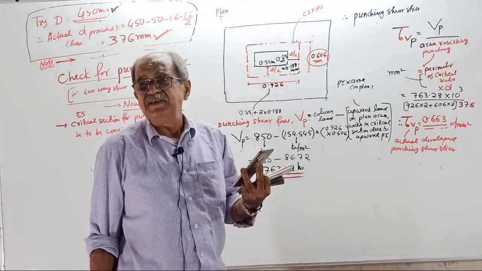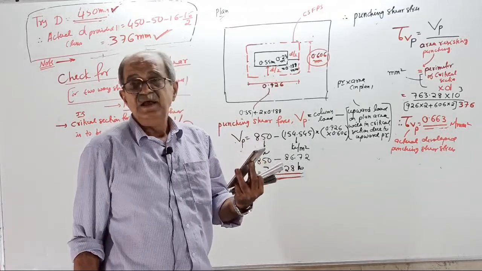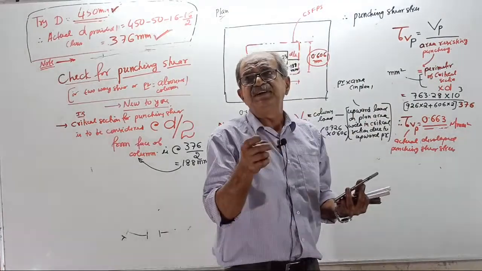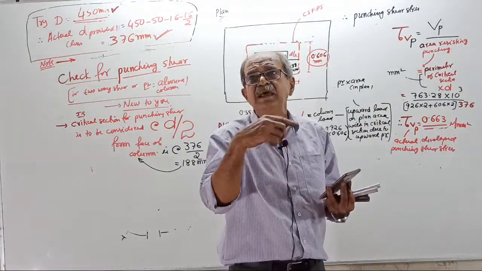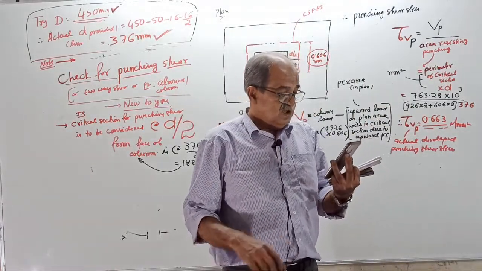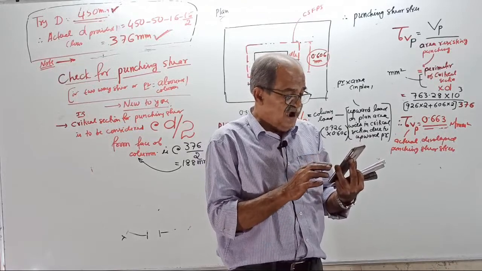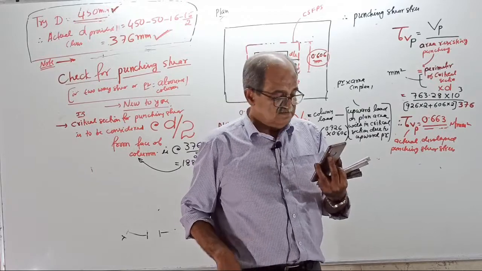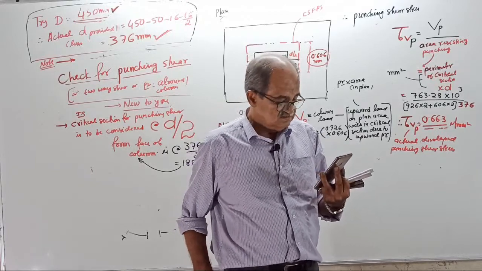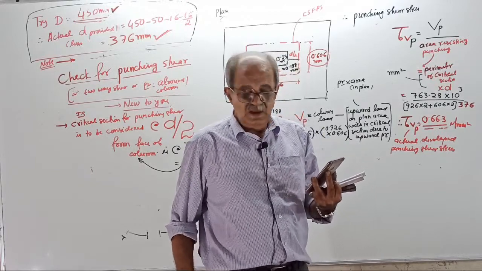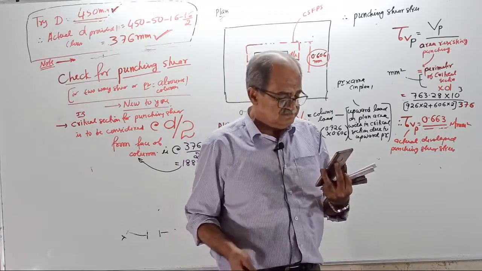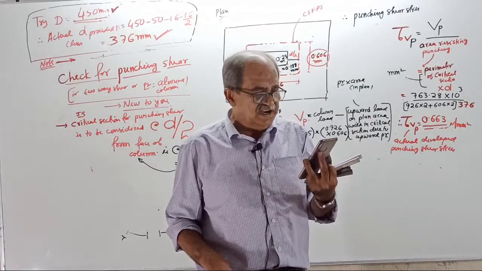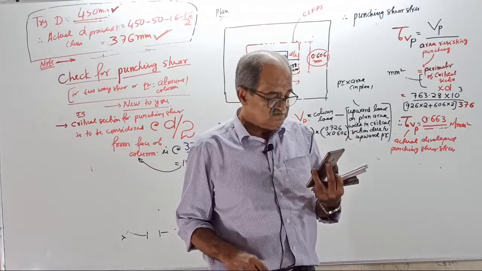Now I have to compare this with the allowed stress, because this is the actual stress coming. We want the stress not to exceed the limit. Clear or not? For this case, the shear stress due to punching is 0.663.